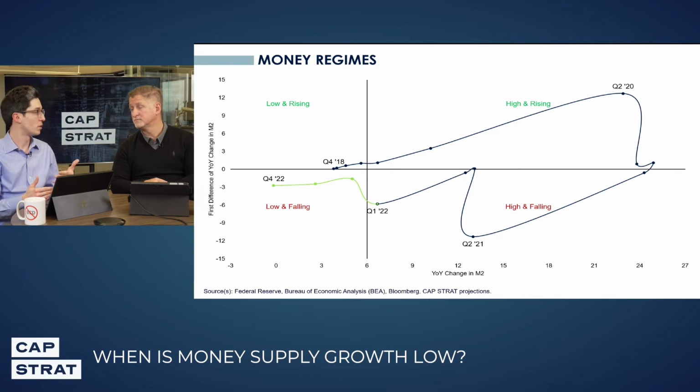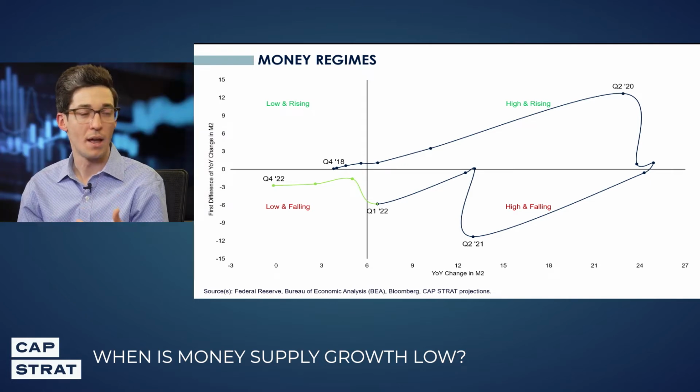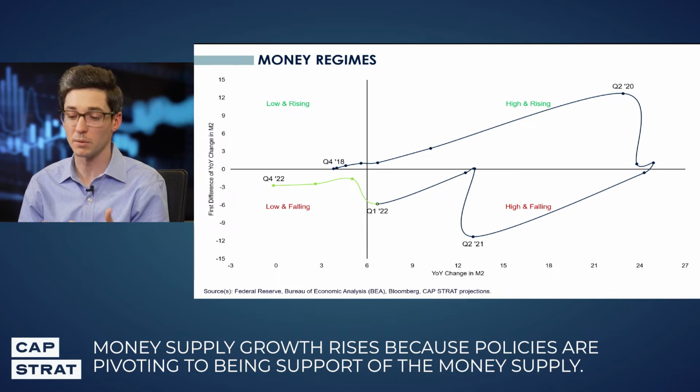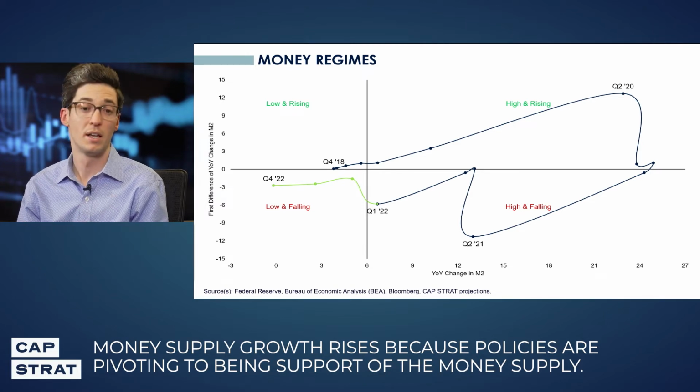Usually after an aggressive rate hike cycle, after restrictive fiscal policy, money supply growth generally slows. And it is rising because those policies are pivoting, meaning the Fed has flipped from being restrictive to the money supply to being supportive of the money supply. This typically happens when you're coming out of an economic recession, an economic slowdown. The Fed has pivoted from hawkish to dovish, et cetera.